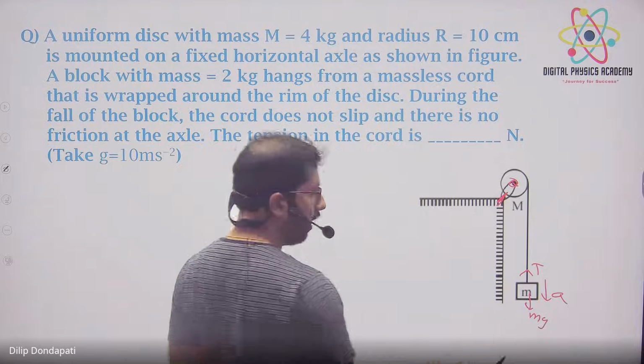I used acceleration mg by m plus 1 by 2m and got acceleration as 5, and then I can write torque as half into 1 second.